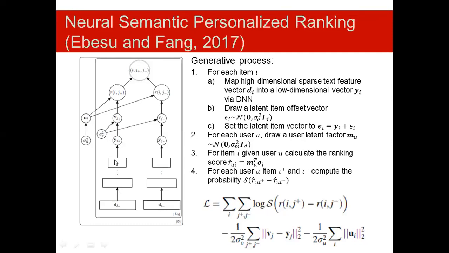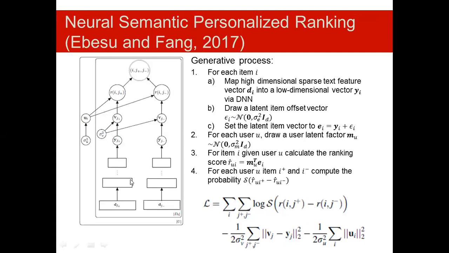So this Y is the latent factor we learn from the content, and this V is the latent factor we learn from the interaction matrix, the ratings or clicks, for example. We want the latent factor we learn from content to be as close as possible to the latent factor we learn from the interaction matrix, V_j.